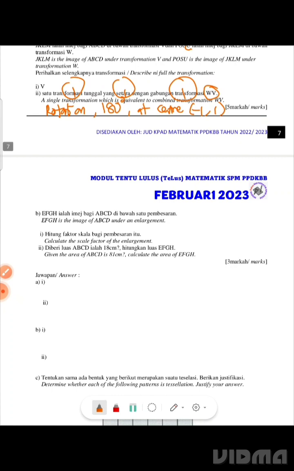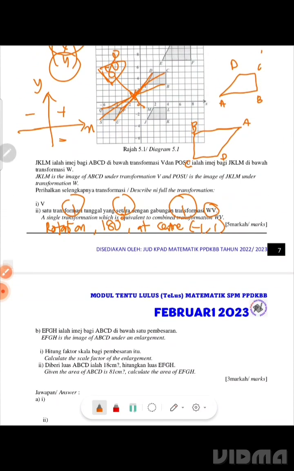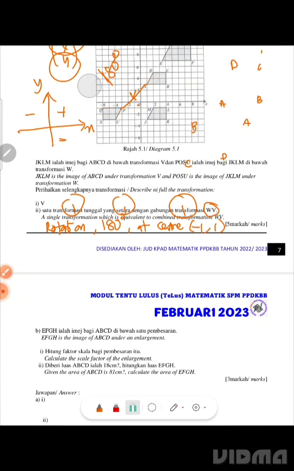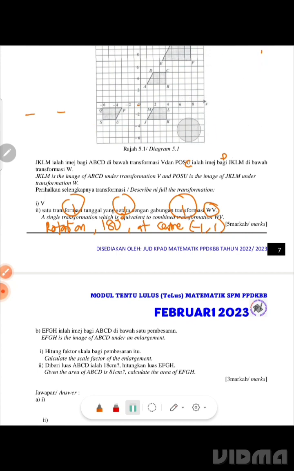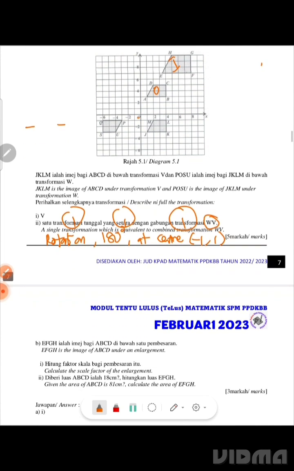So we will finish this question. For question B, EFGH. Let me erase first. EFGH, the bigger one, is the image of ABCD under an enlargement.